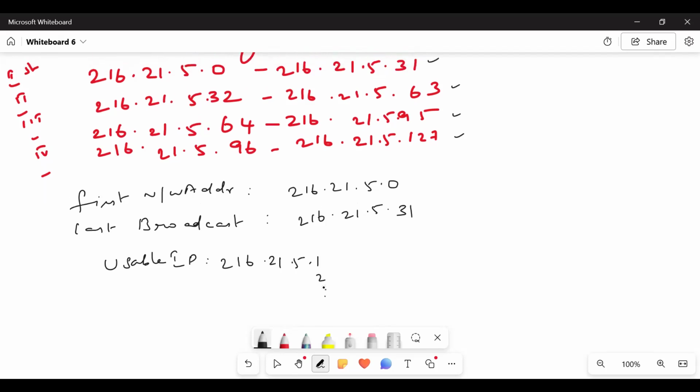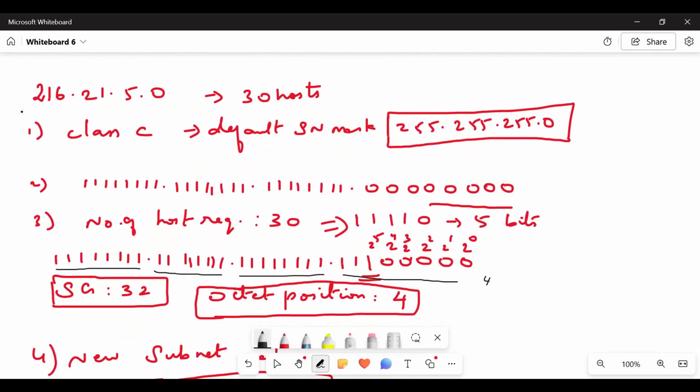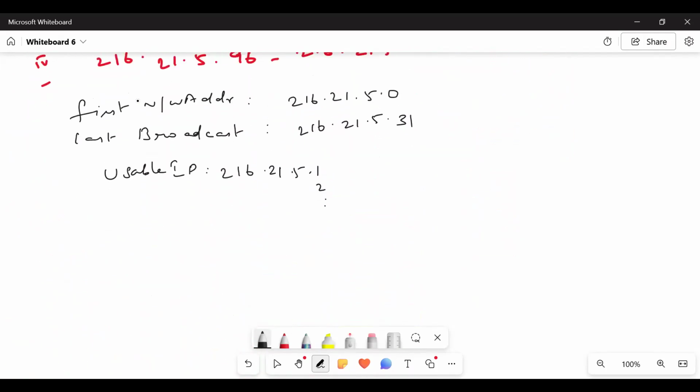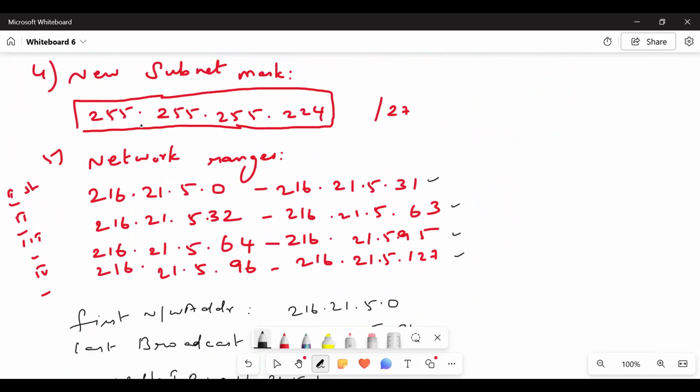Okay, so now we have divided the given IP address. So this is the given IP address. We have divided this big large network into different subnets, different subnet ranges. And this is the new subnet mask which we have found.